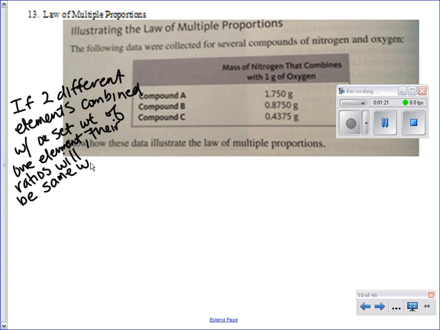I wrote same. How did I write same and say small? That's pretty impressive, actually. Will be small whole numbers.